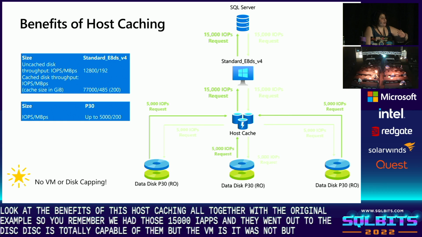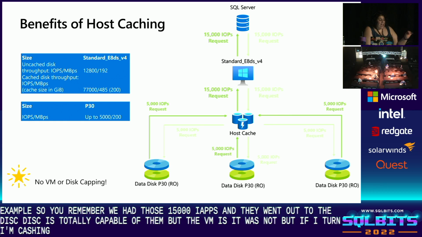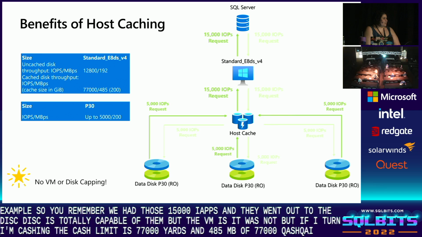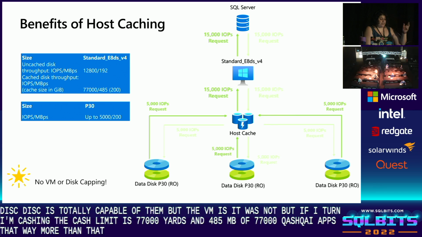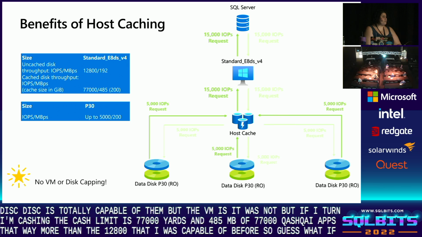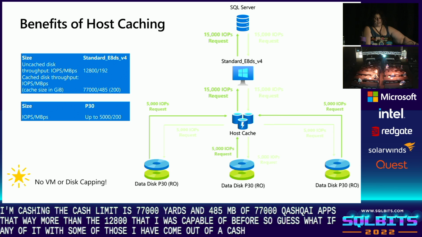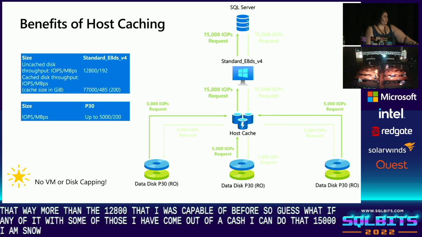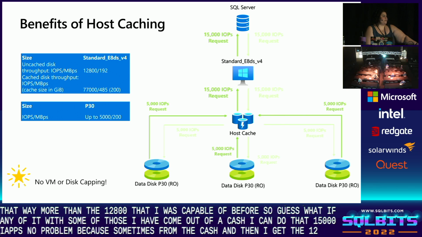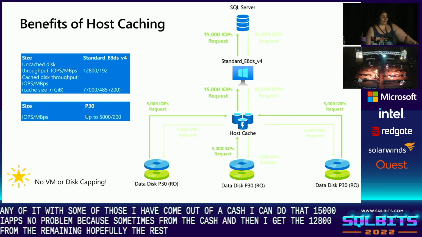But if I turn on caching, the cached limit is 77,000 IOPS and 485 megabytes of throughput. 77,000 cached IOPS. That's way more than the 12,800 that I was capable of before. So guess what? If at least some of those IOPS come out of the cache, I can do that 15,000 IOPS, no problem. Because some comes from the cache, and then I get the 12,800 from the remote, and hopefully the rest comes from the cache.